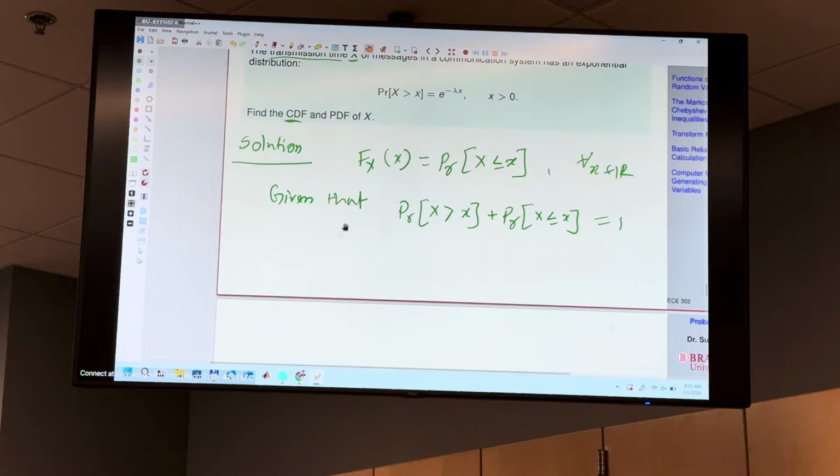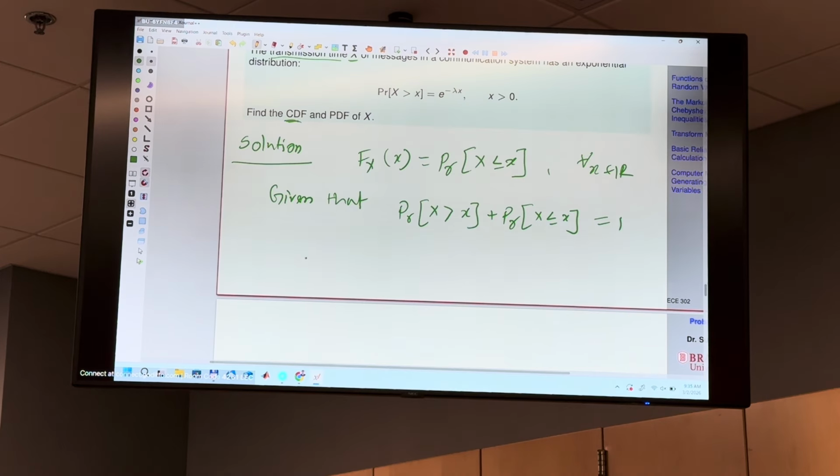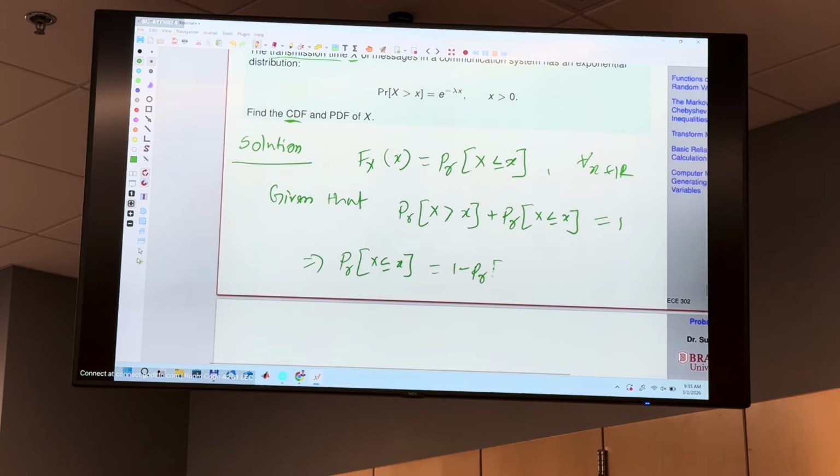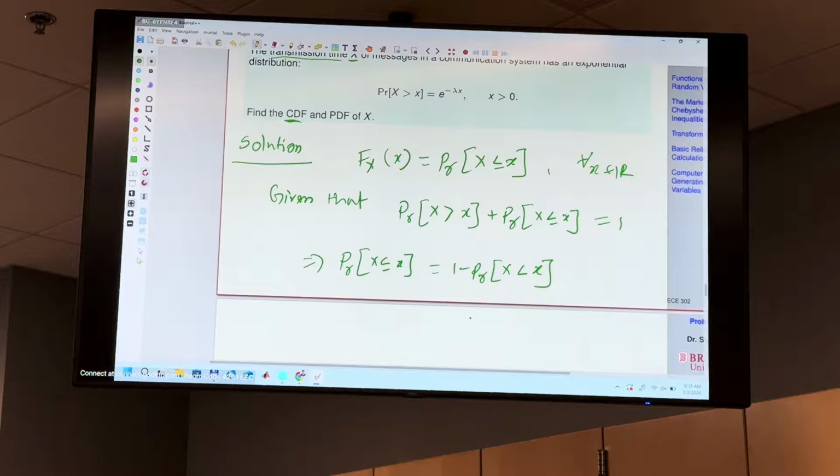So we can keep this part to the left side: the probability of X less than or equal to x is basically 1 minus the probability. Okay? So this is given to you.